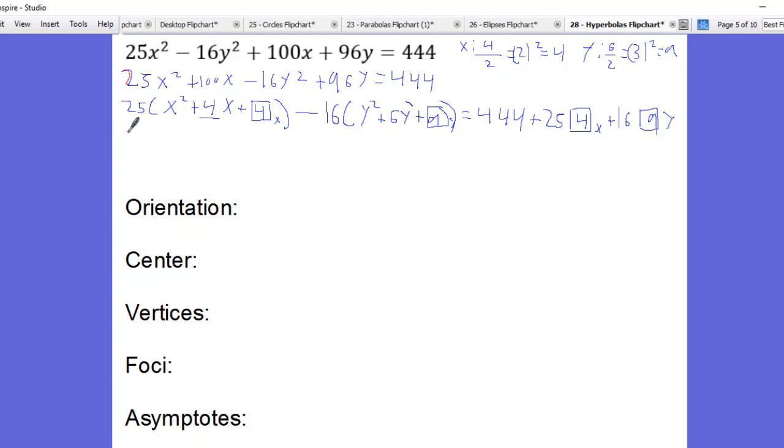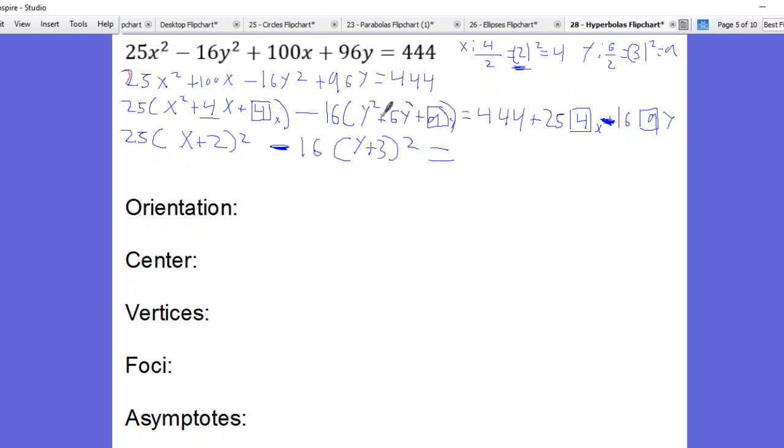This will factor into 25 times x plus 2 squared minus 16 times y plus 3 squared, and that's going to be equal to 444 plus, and this is multiplied by negative 16, so that's actually going to be a subtraction sign.